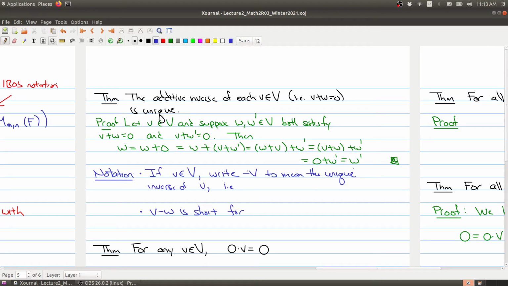That is, v plus minus v is equal to 0. So minus v is saying that it's the inverse of v. Now, normally we don't write plus negative. Normally we would write something like v minus w. What this is short for is v plus minus w. So you should read it as: take v and add the additive inverse of w.